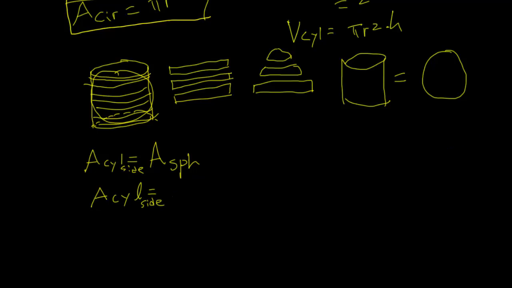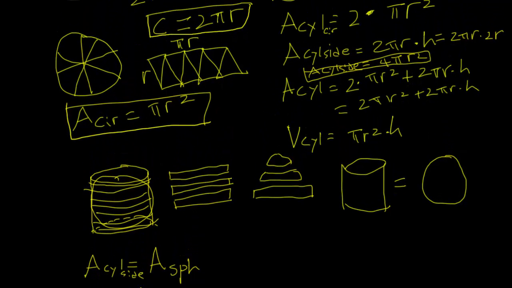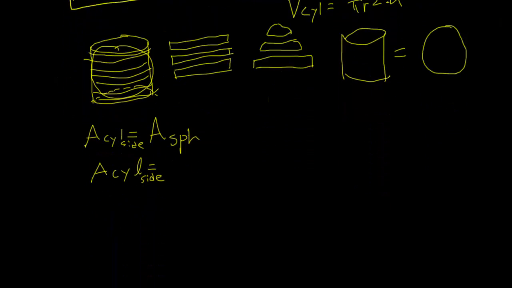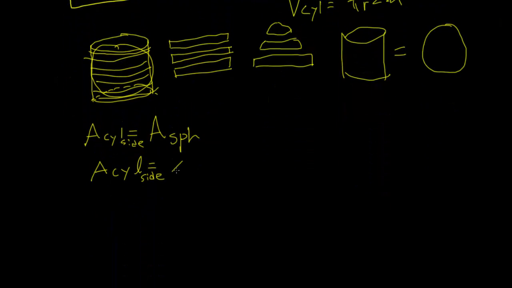We derived that equation here. We said the surface area of the side of the cylinder is equal to 4 pi r squared. So there you have it, 4 pi r squared.